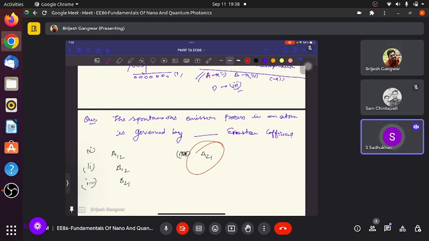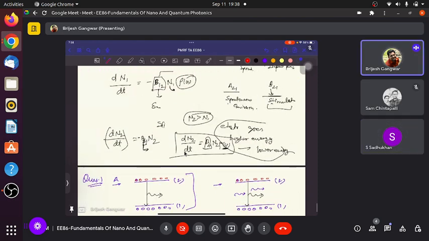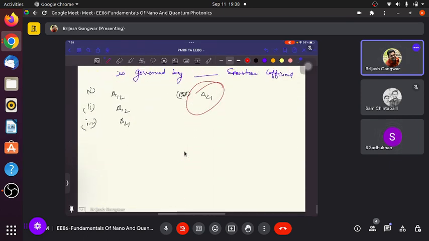So the spontaneous emission process, A21, as previously told. Okay, fine.